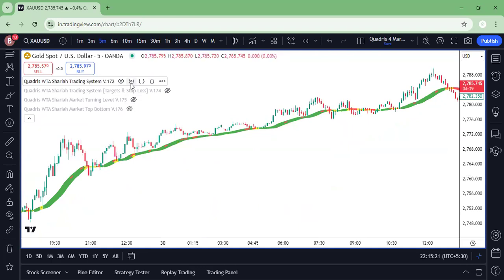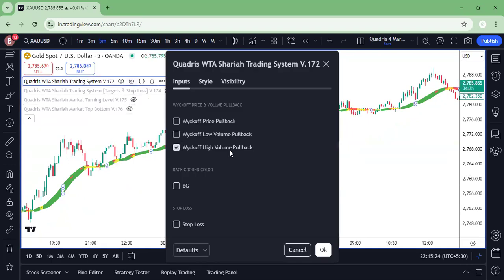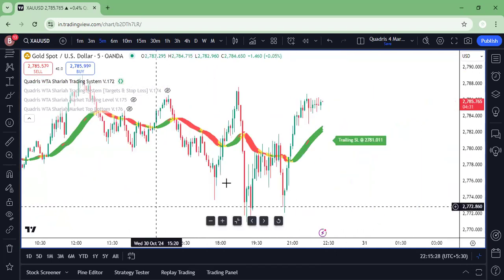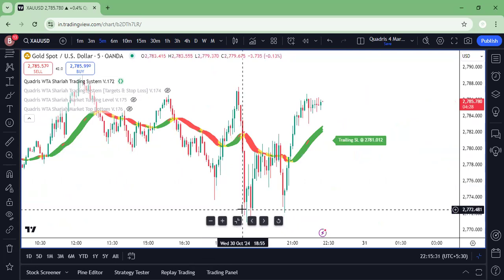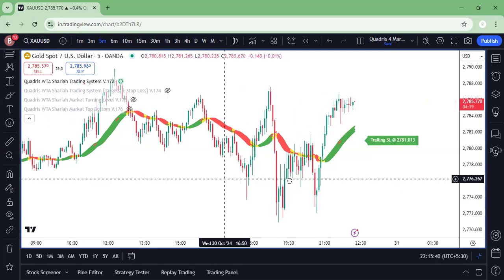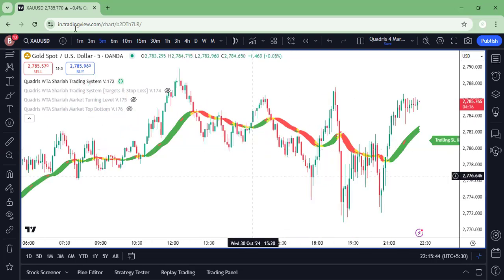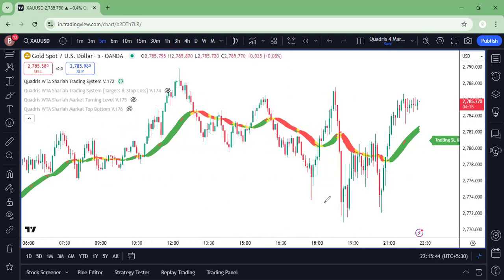Now I've applied the Wyckoff high volume pullback. So now whenever prices are coming down, for example, we'll take this particular position. So now we know prices are going to turn from this particular point.